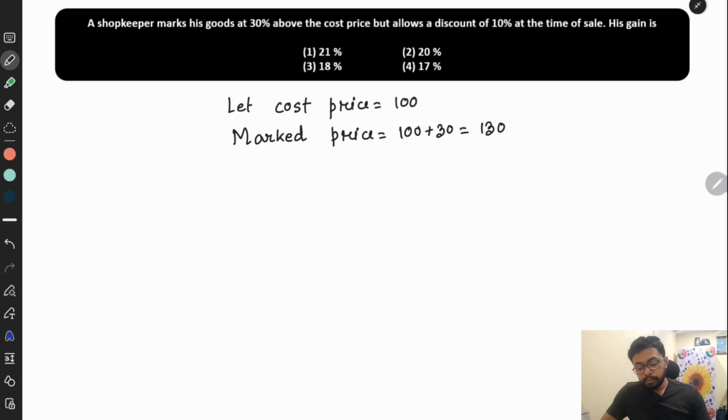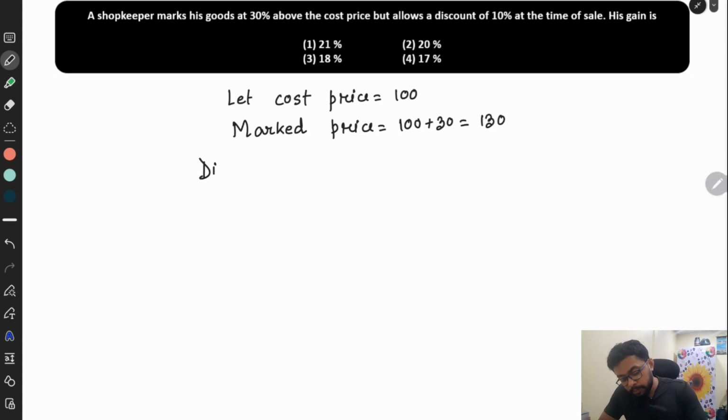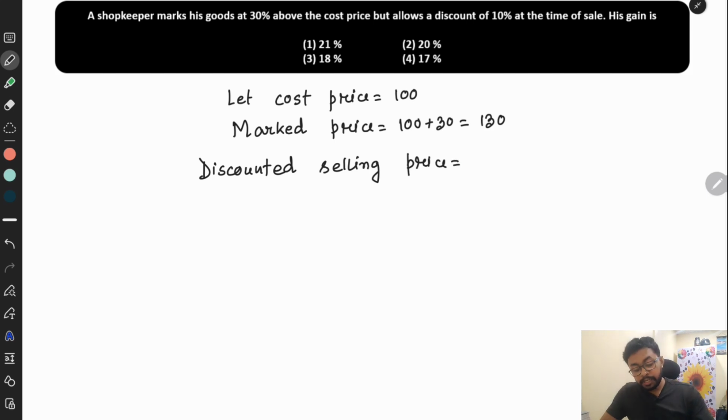Okay, now it allows a discount at the time of selling. So the shopkeeper sells the product at a 10% discount on the marked price. Okay, so the discounted selling price, this would be 10% discount.